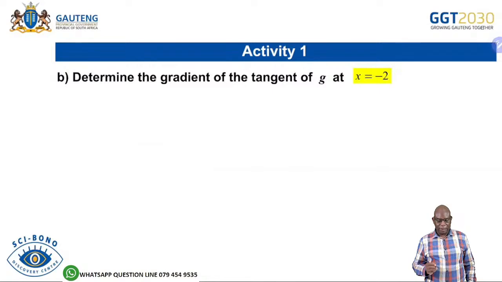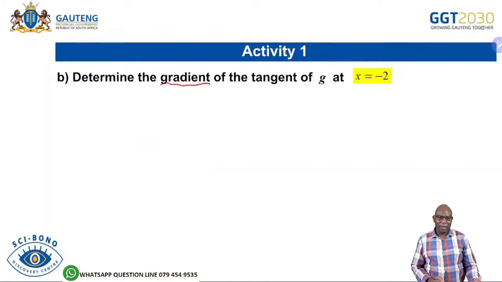B says now determine the gradient of the tangent of g at x equals -2. So how do I determine the gradient at that point? The first step that we've done is to get g of -2, which gives us a point. The next one is to find the gradient at that point. How do I get the gradient?